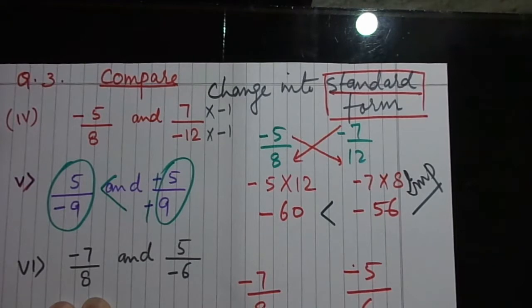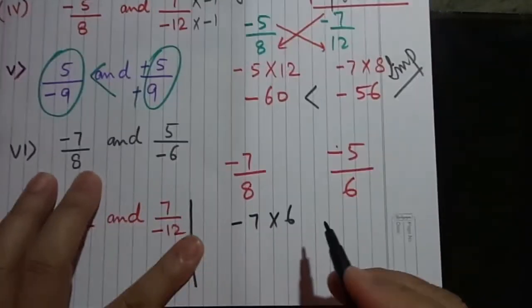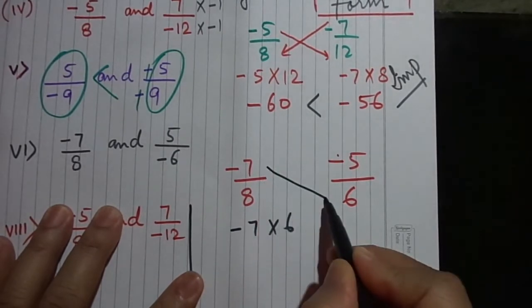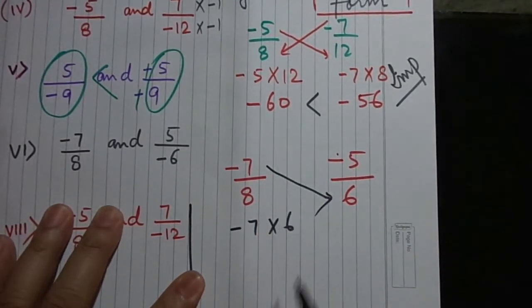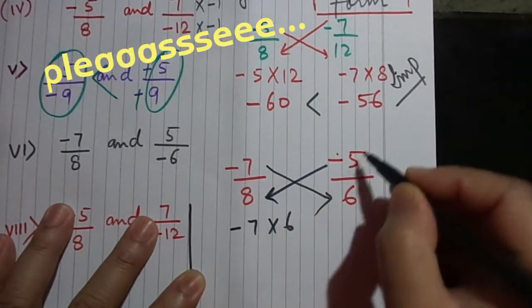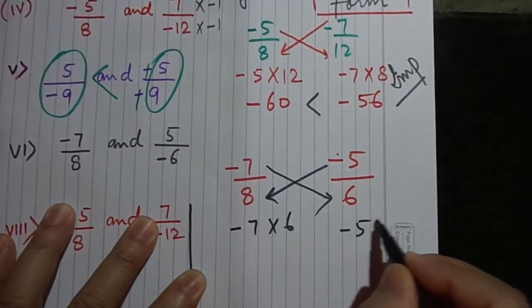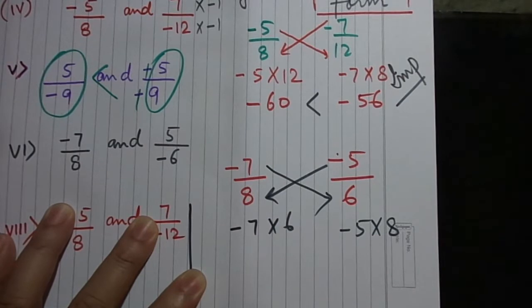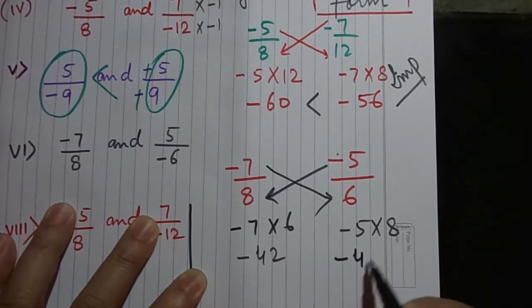So after we cross multiply minus 7 into 6, look at the order please. Minus 7 into 6, and over here minus 5 into 8, I find that here we have minus 42 and here we have minus 40.